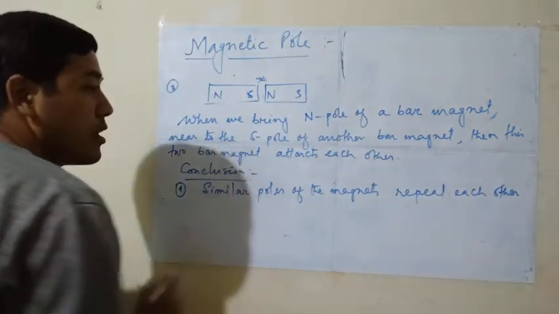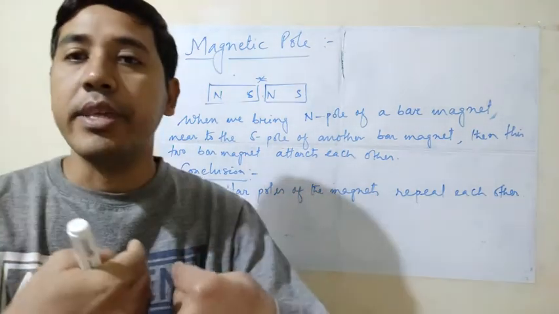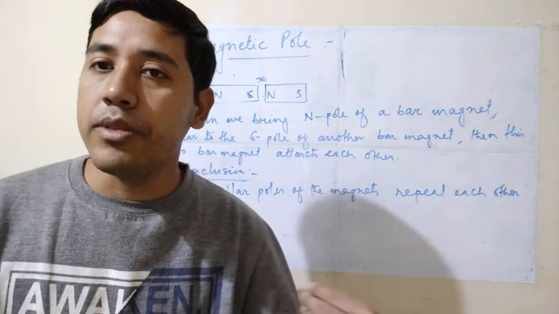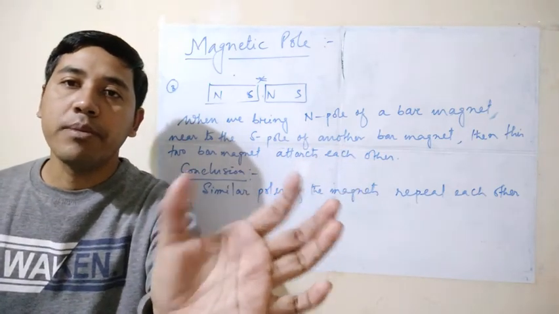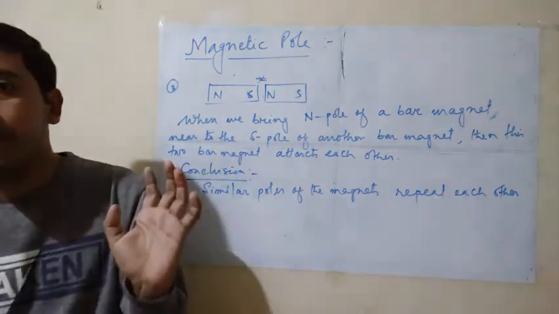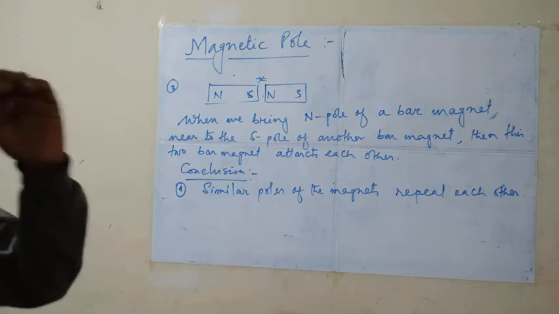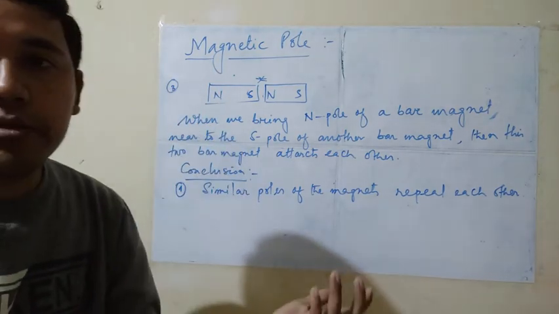That is, north pole and north pole, they can repel each other. South pole and south pole, they can repel each other. Right? That is why north poles are repelled, and south poles are also repelled.